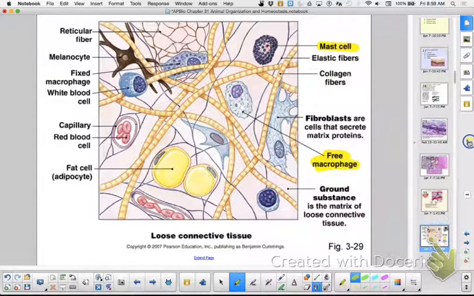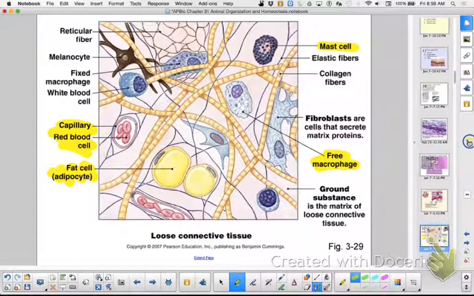Because they're secreting histamine, what could you take? Antihistamine to combat your leaky blood vessels. All right, do you know what this is? Yes. Capillary. Of all the blood vessels, which ones are the tiniest? Capillaries. What happens at every capillary? Exchange. Good.